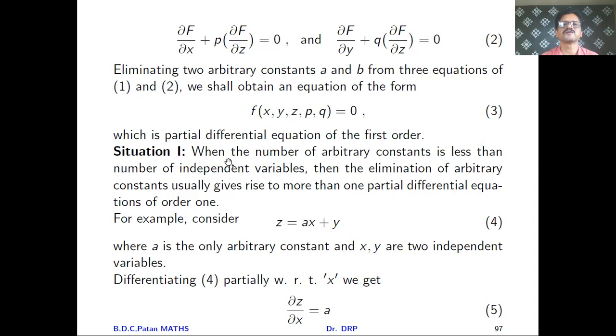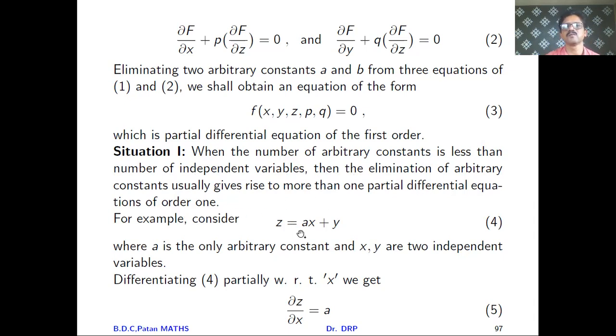Now, what is situation 1? Situation 1 means when the number of arbitrary constants is less than the number of independent variables. Remember this statement, because it may come in the examination as a multiple choice question. When the number of arbitrary constants is less than the number of independent variables, then the elimination of arbitrary constants usually gives rise to more than one partial differential equation of order 1.